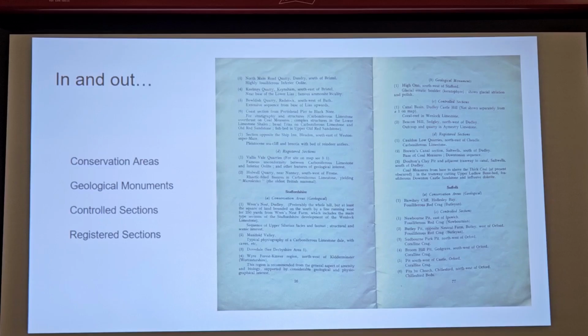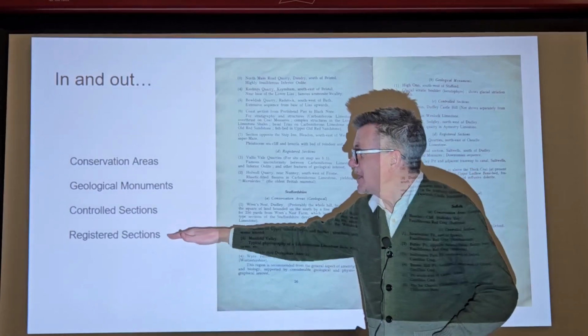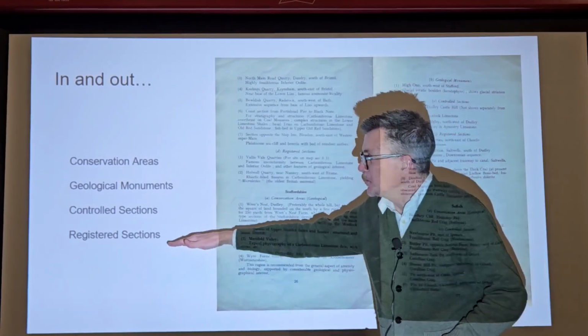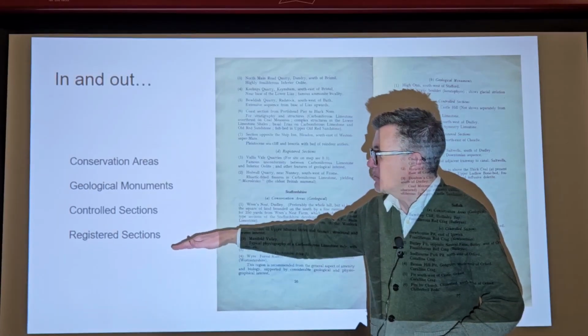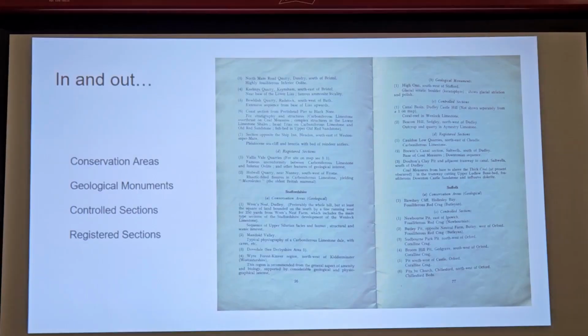They were tasked with identifying a list of sites and places. And they identified those against different categories: conservation areas, which were large landscape scale areas, geological monuments, which were more discrete areas, registered sections, which sat within active quarries, and then controlled sections, which were when your quarry became inactive, where you had remaining sections, or natural sections became controlled sections.